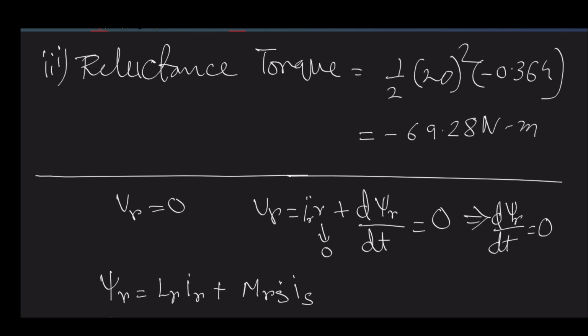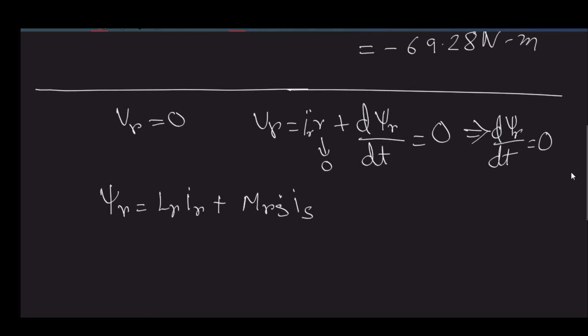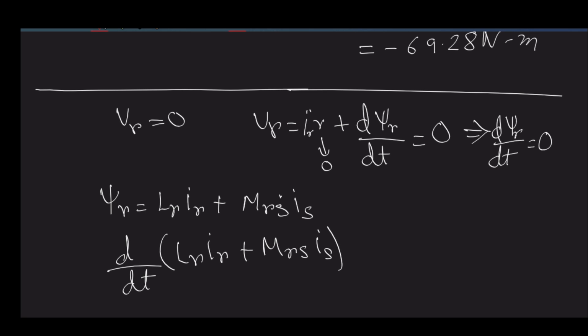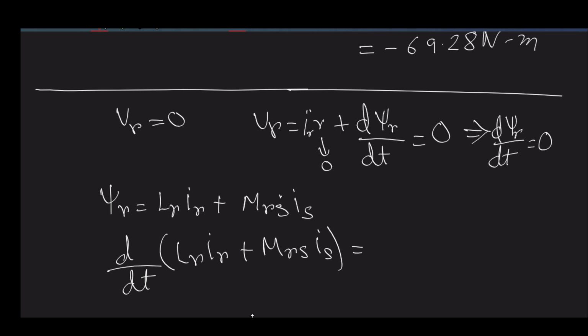So what we can see is that d psi r dt equal to 0 implies d dt of LR IR plus MRS IS, that will be 0.